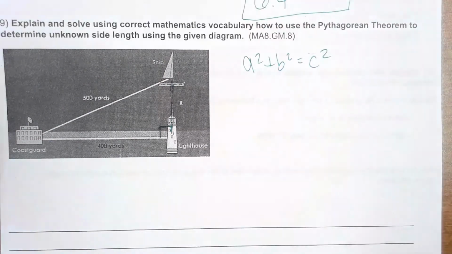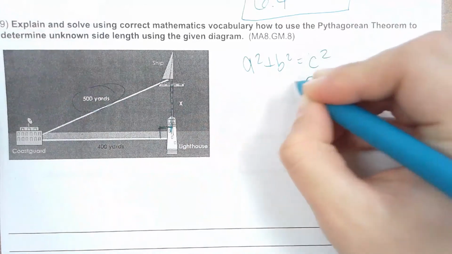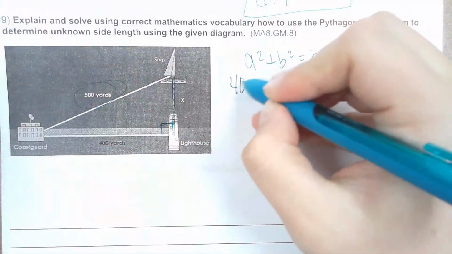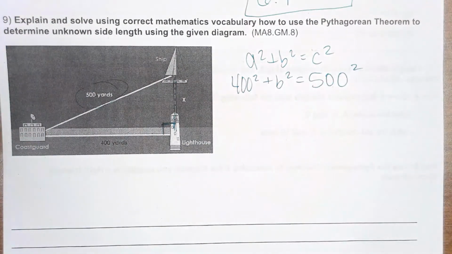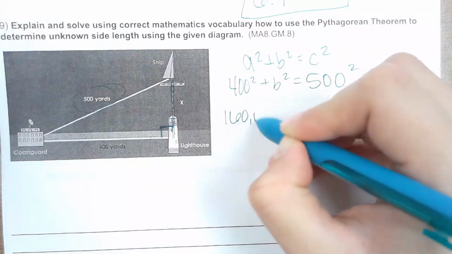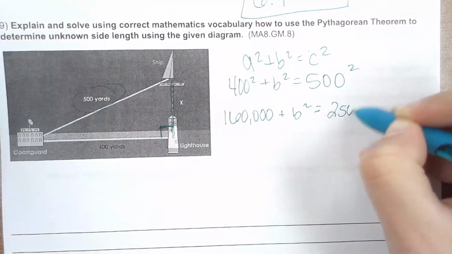So we have our a squared plus b squared equals c squared. Your hypotenuse is always your c, that's your largest number. And then I'm going to plug in my other leg for a or b. Okay? So now we're going to start solving it. 400 squared is 160,000. 500 squared is 250,000.